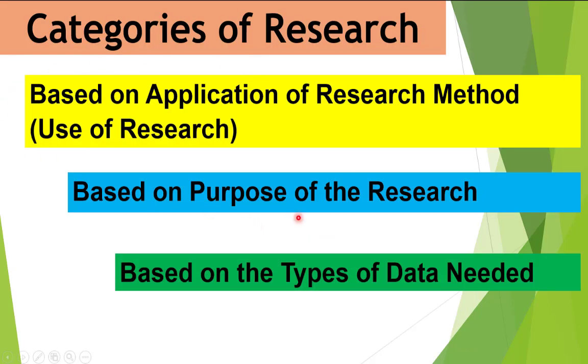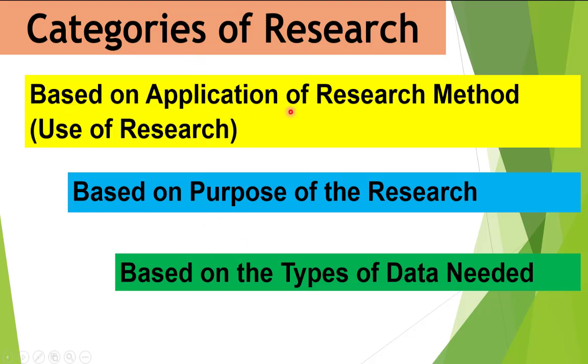But there are also categories of research which are not the same as the way it was categorized by Polit and Hungler as explained a while ago. In this case, there are also authors that categorize research into three.